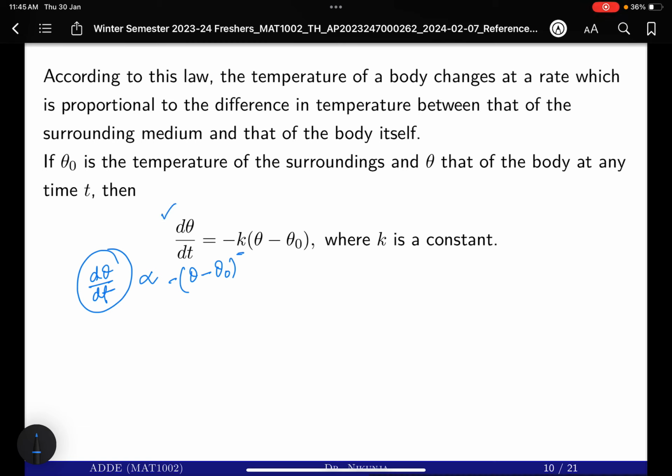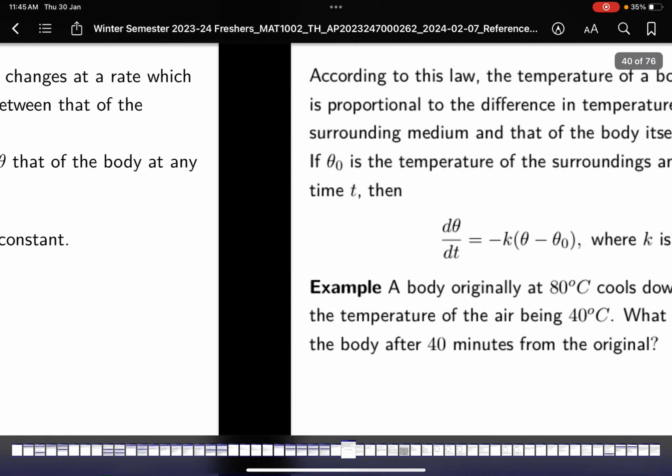So basically you have d theta dt is equal to minus k times theta minus theta 0, where theta 0 is the temperature of the surrounding and theta is the temperature of the body at time t. This is Newton's law of cooling, and you can observe that this equation is nothing but a linear equation of first order. And the solution also you can immediately do.